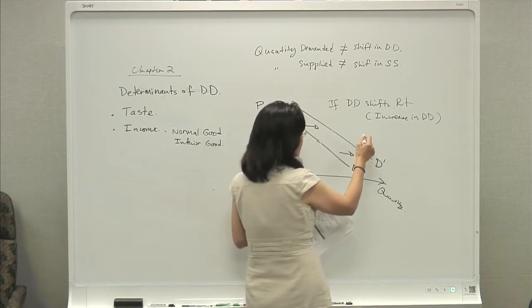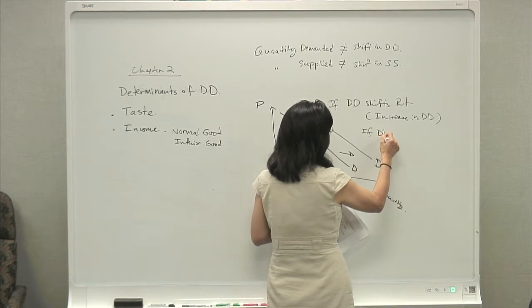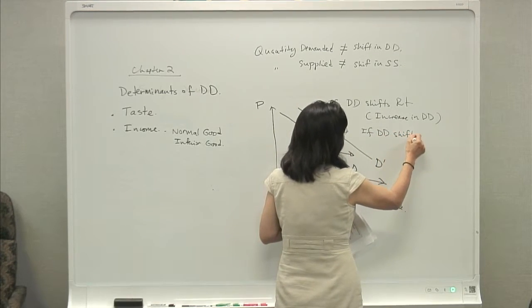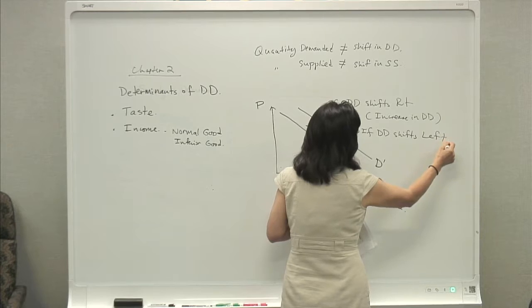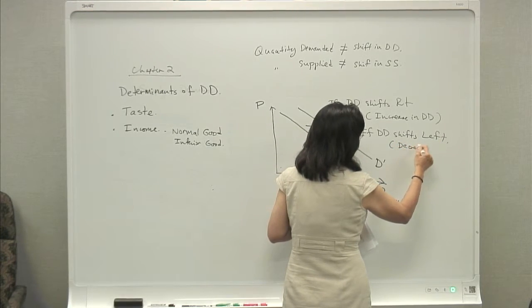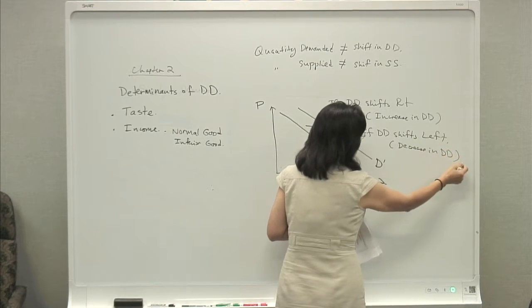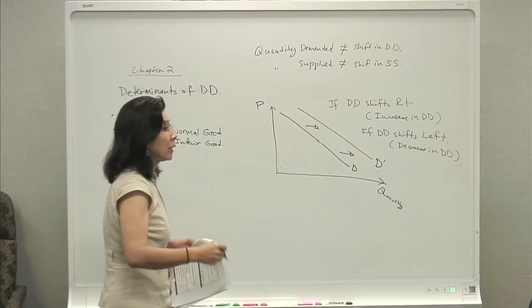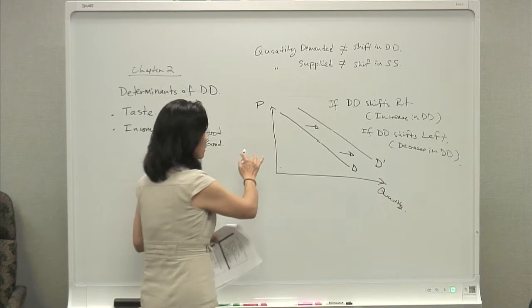If the demand curve shifts left, then this is known as a decrease in demand. An increase in demand will shift the demand curve to the right.